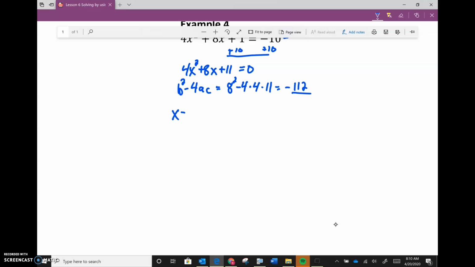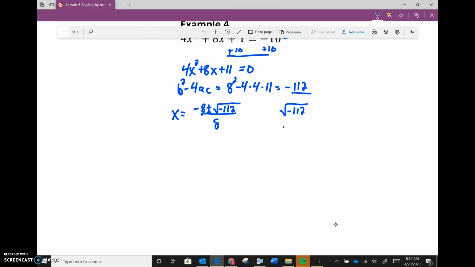So let's plug it into our quadratic formula. Opposite of b, plus and minus square root of what we just found, all over 2 times a. 2 times 4 would give me 8. See if we can simplify that, which we can.